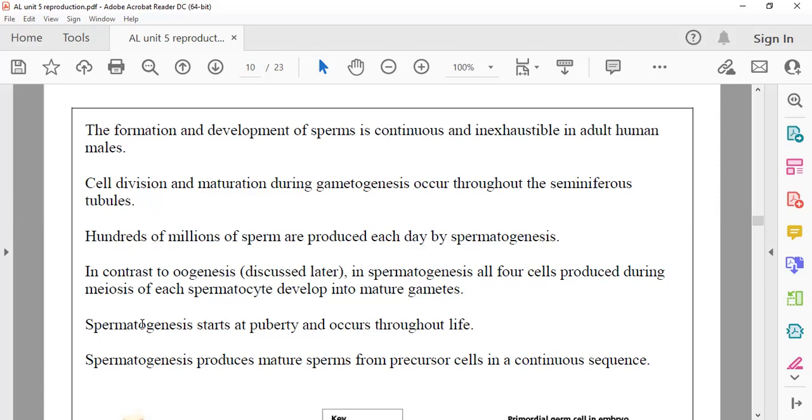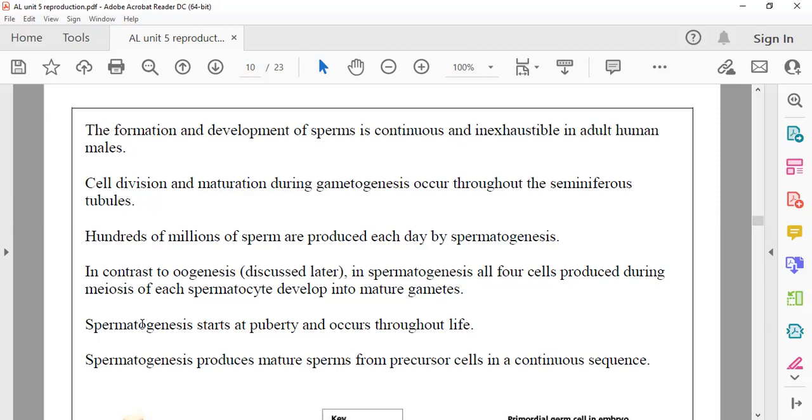From it, though 4 cells develop, only one will turn into an ovum. Understood? Yes, sir. That is why they say it is in contrast to oogenesis.